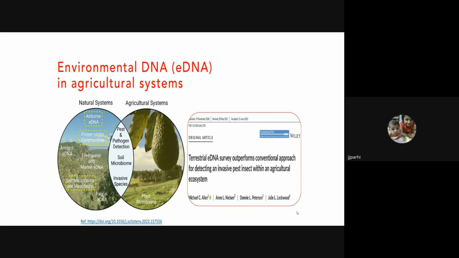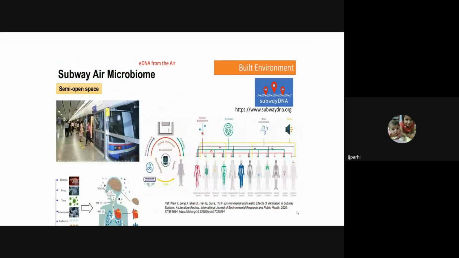So they have all natural sources like airborne, freshwater and marine DNA, soil microbes, plant pathogens, all part of these natural things, as well as plant ribosomes. They hold together and are used for plant science using this eDNA technology. So you can use environmental DNA technology like this in agricultural science.